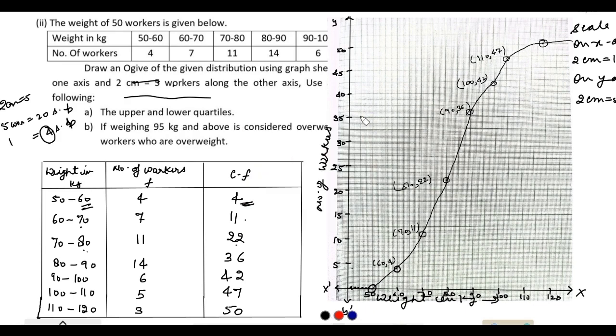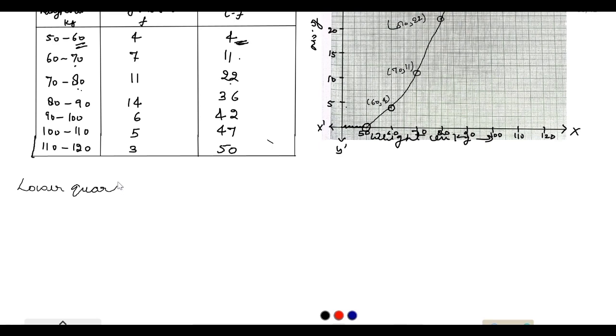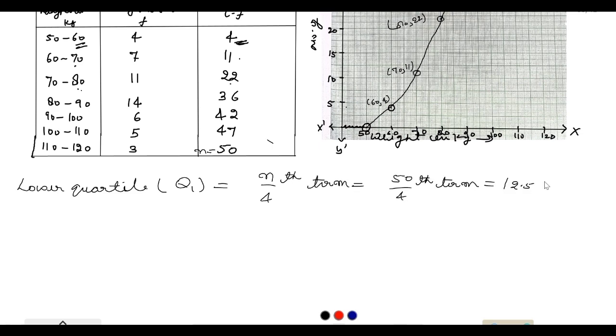Look at the question. First of all, we have to calculate upper and lower quartiles. Lower quartile Q1 is equal to n by 4th term, and here n is 50. 12.5th term.